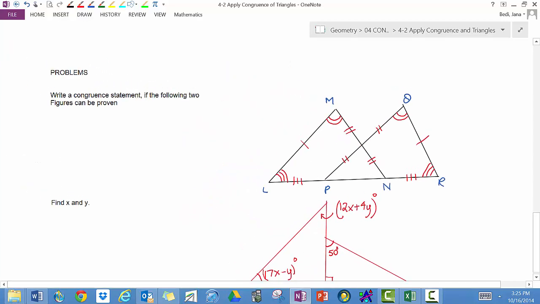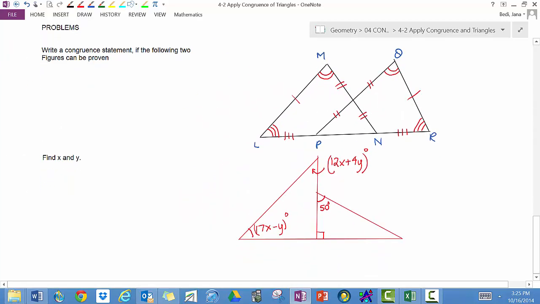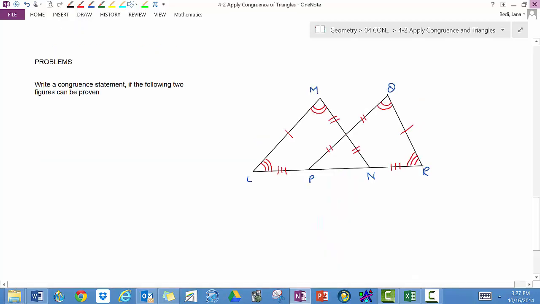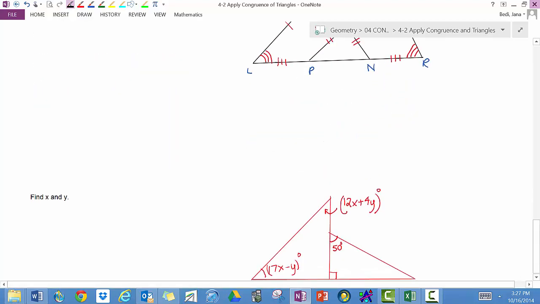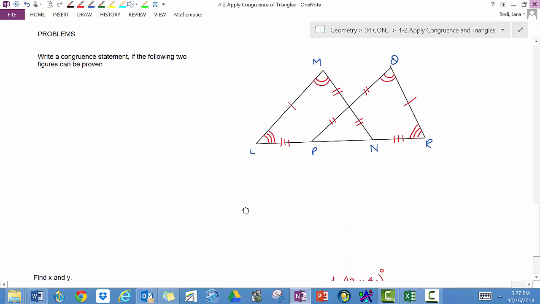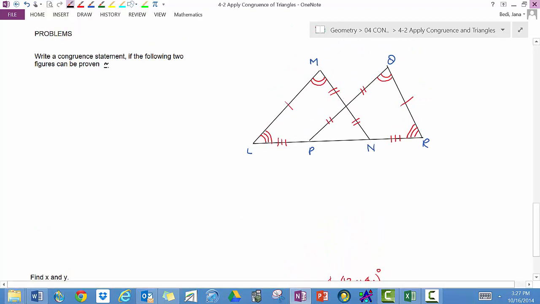Okay, let's look at these problems here. This problem says write a congruence statement if the following two figures can be proven congruent. So let's write that down. It is sometimes useful to take the two figures apart, and you can do that on your own. But let's just see.